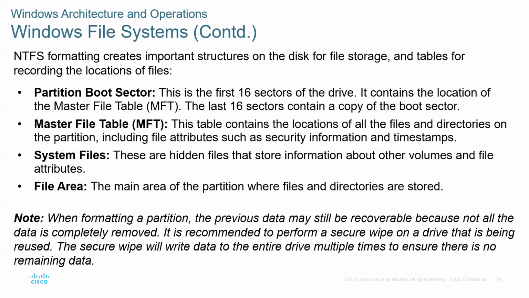And then I do that multiple times so that the recovery software has no chance of finding that data again. That generally takes a very long time to complete. Most secure wipes can take multiple hours these days, whether it's a spinning disk or a solid state. You have to be careful doing that on a solid state because you have a finite number of reads and writes you can do.